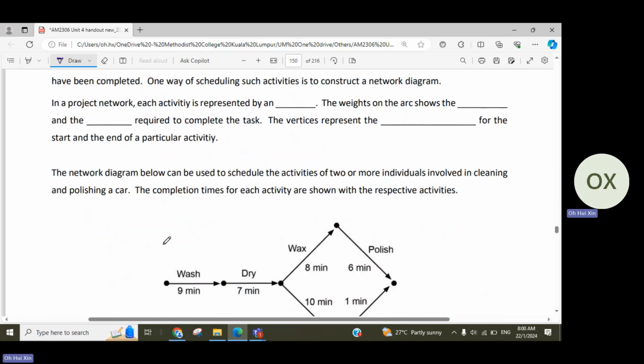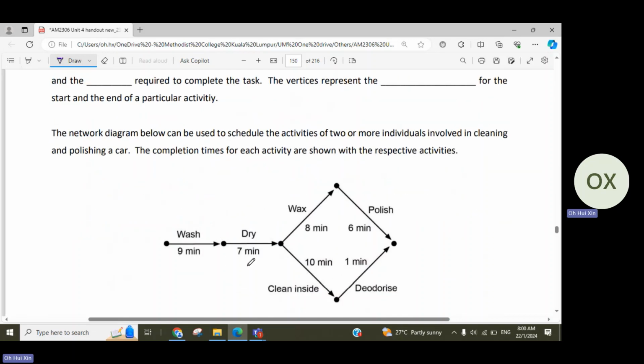For example, this is a diagram for a project to wash a car. When you send a car to a car washing workshop, that's how they will treat your car. It's the same if you want to organize something or have a project to carry out in your work. What is the plan to carry out the entire project?